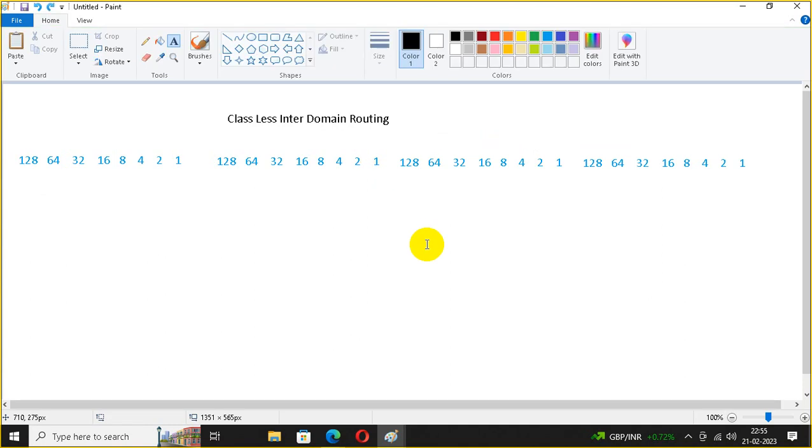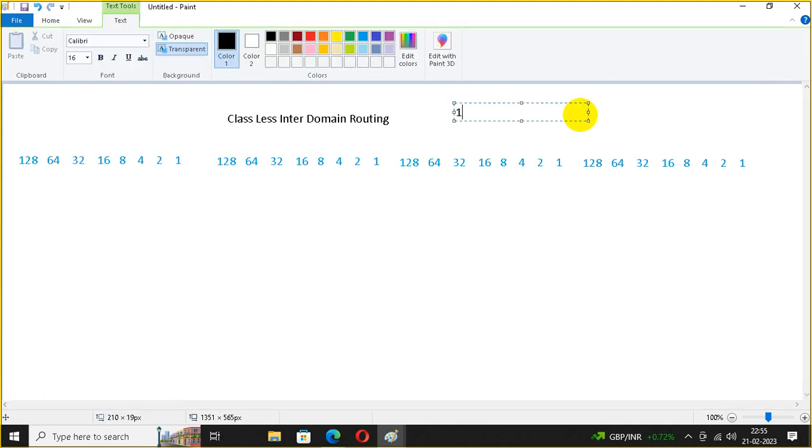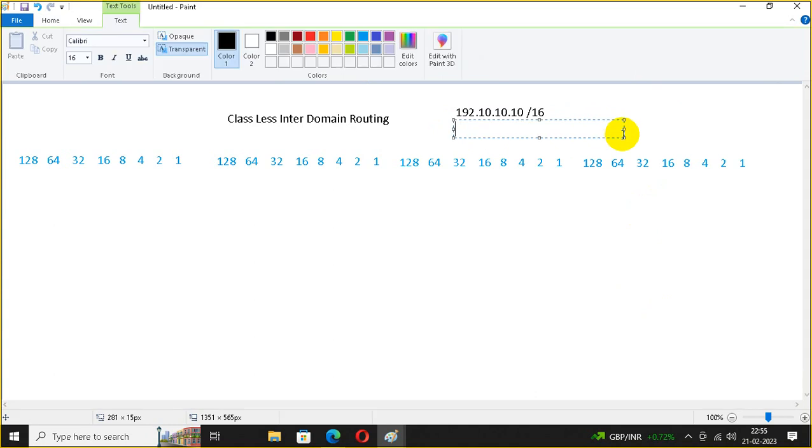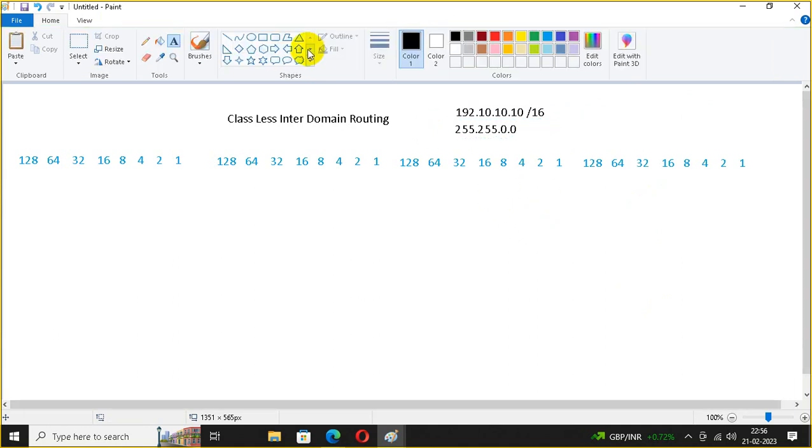Now if there is an IP address 192.10.10.10/16, what will be my subnet mask? 255.255.0.0, right? Perfect.